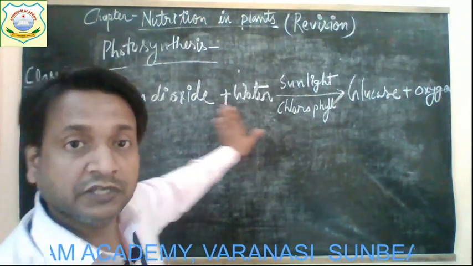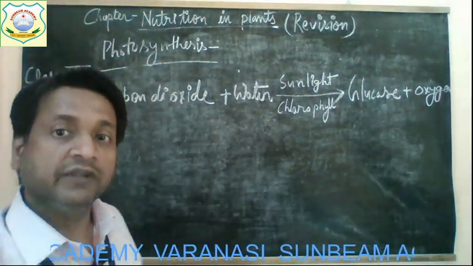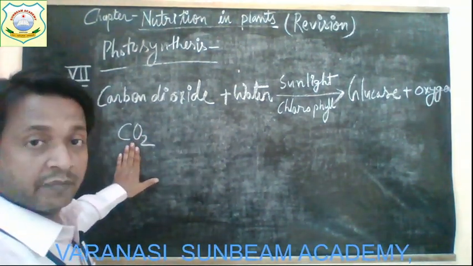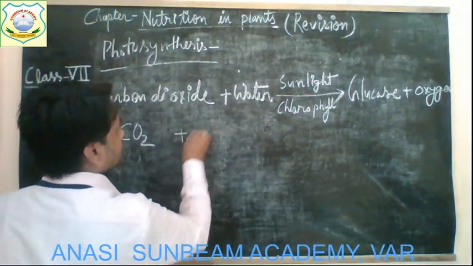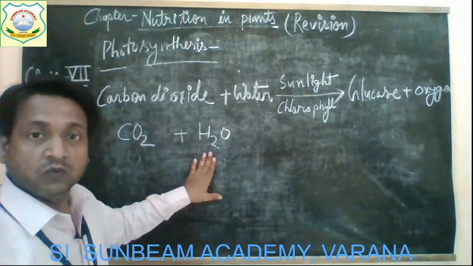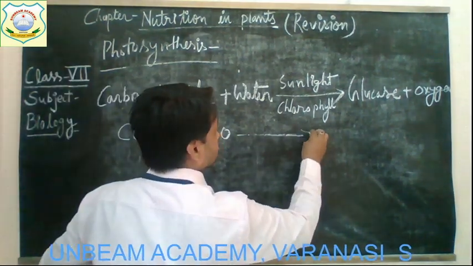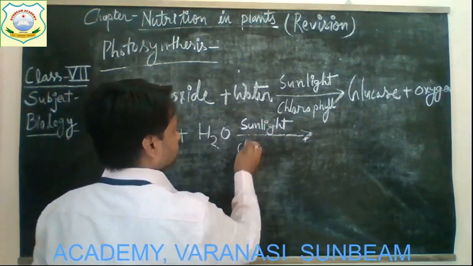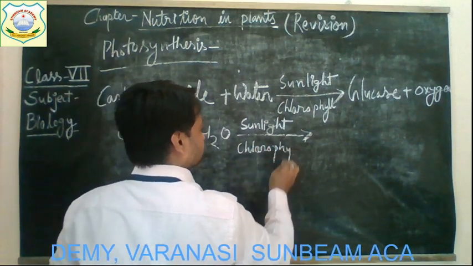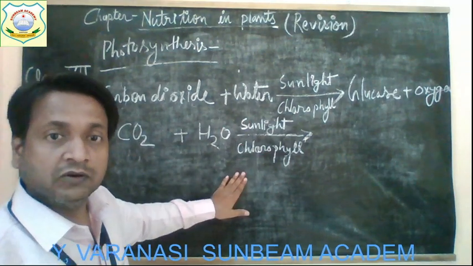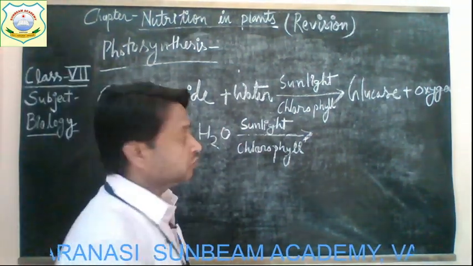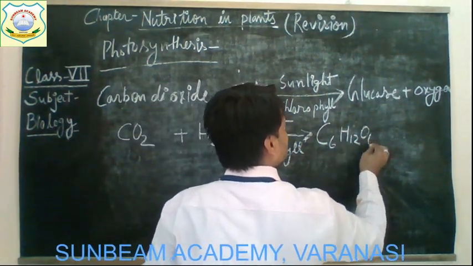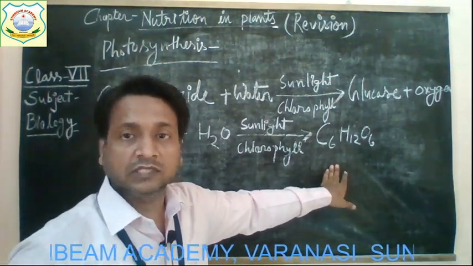Okay, so this is the word equation of photosynthesis, and we can write the same by using their formula: carbon dioxide CO2 plus water H2O, in the presence of sunlight and chlorophyll, forms the food, that is glucose, and the formula of glucose is C6H12O6.